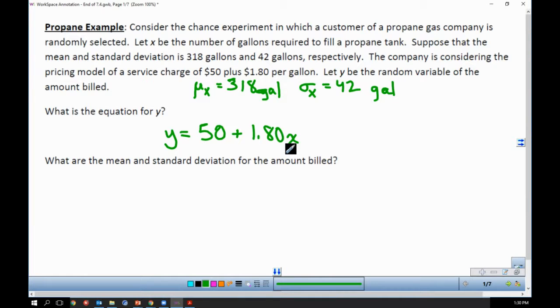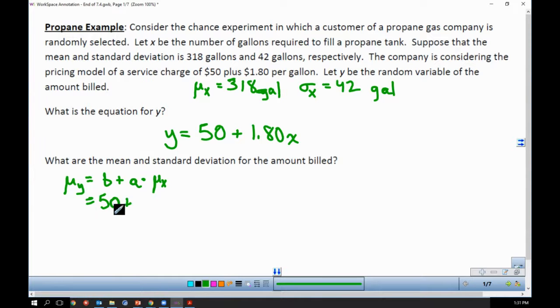Now they ask us to find the mean and standard deviation for the amount billed. So this is where we use our transformations. The mean of Y is equal to A plus B times the mean of X. Well, what's our A in this case? 50.